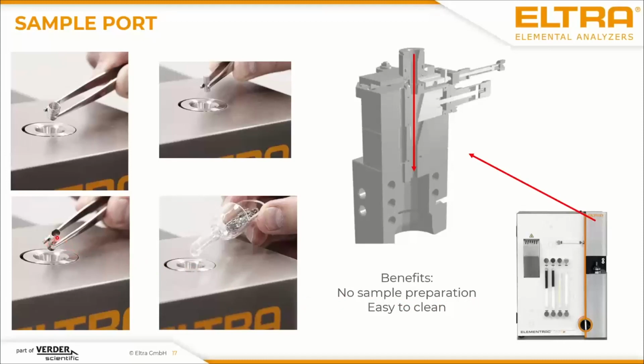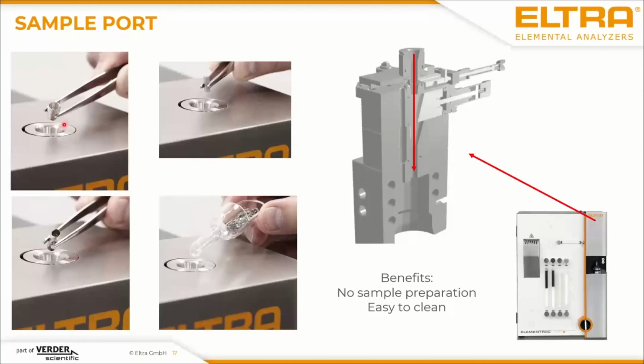This capsule, also for those who are not too familiar with the technology, would not be a capsule for a calorimetry measurement, but it would be for powders, and powders are placed into that capsule before putting it in the analyzer. So very fine powders are collected there, and you won't have any dust within the analyzer. This is a nickel basket, which is required, for example, for titanium measurement.